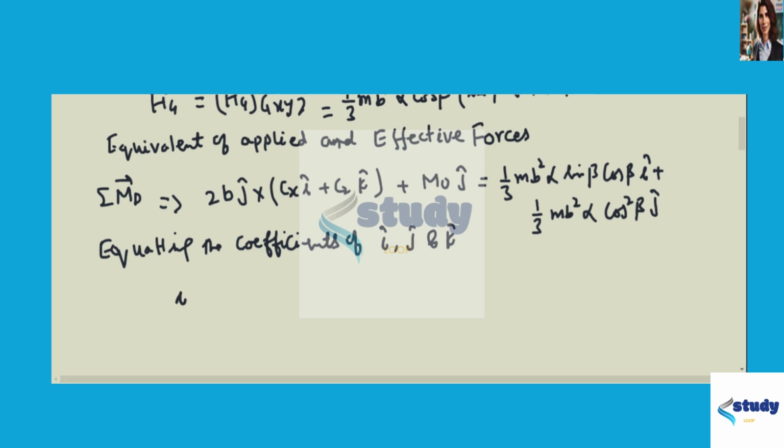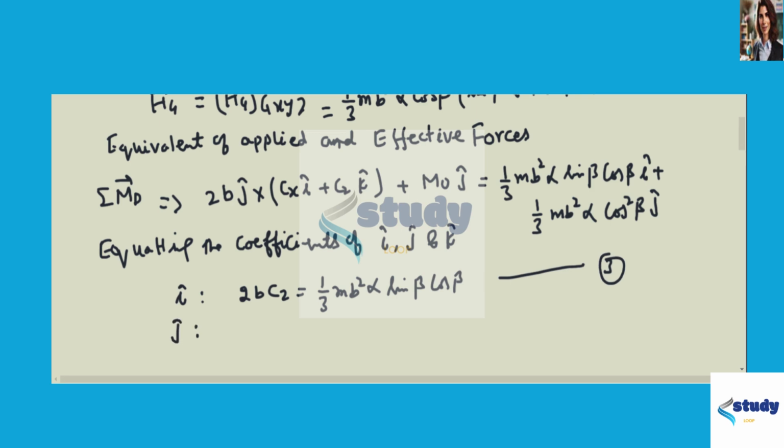We can write for i cap, it is 2b Cz equal to 1 by 3 mb square alpha sine of beta cos of beta. Say equation number 3.